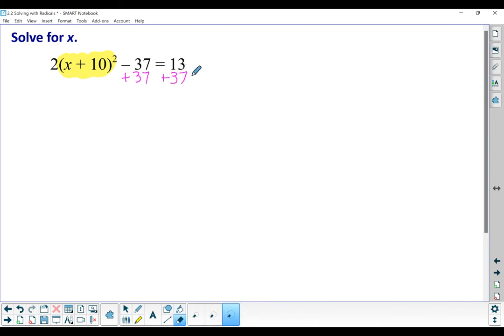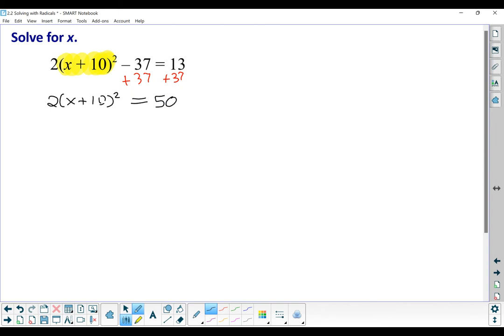I'm going to show you what sometimes people want to do. I wouldn't want to start by dividing by 2, because that 37 would also have to be divided by 2, and now I'm in fraction world, because 37 divided by 2 is not a nice number. So we do want to go ahead and add the 37 first. 13 plus 37 is 50.